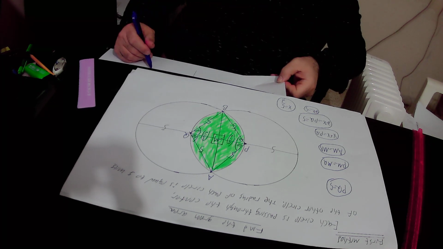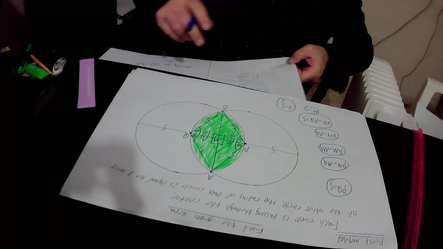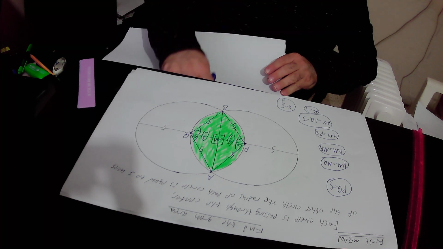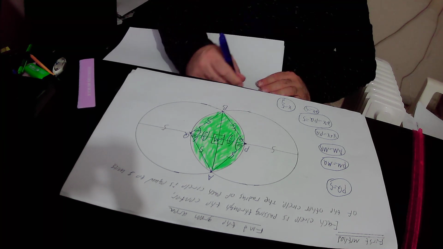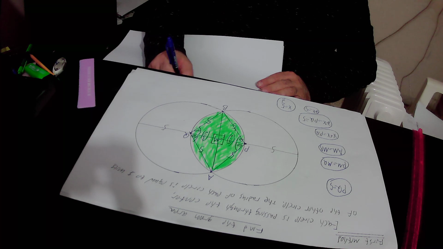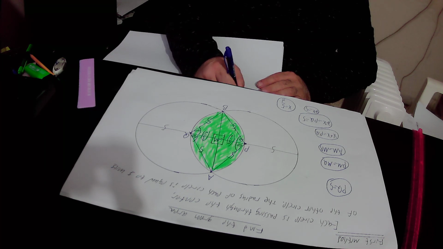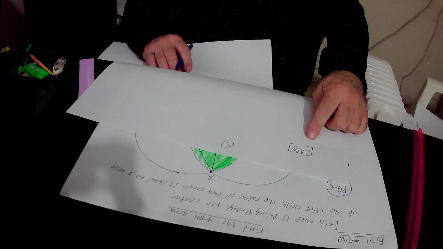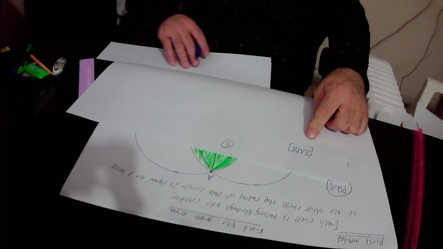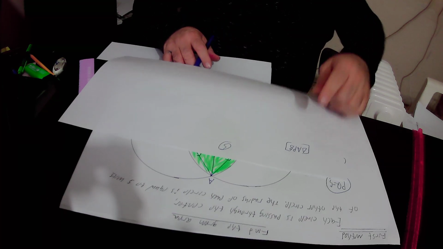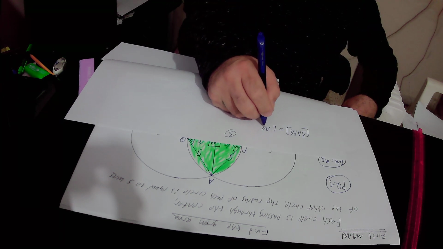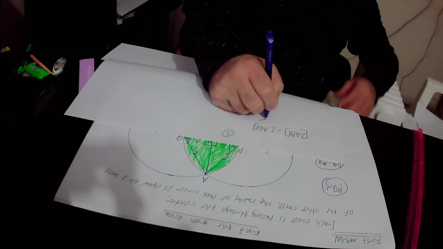Here the squared bracket is the sign for the area. It means the area of triangle APB is equal to the area of triangle AQB.